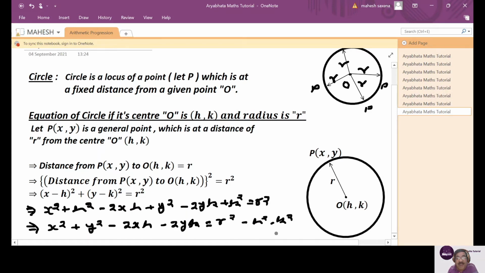It is the equation of a circle whose center is O, that is (h, k), and the radius is r.